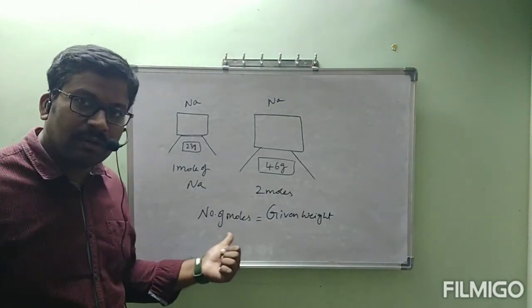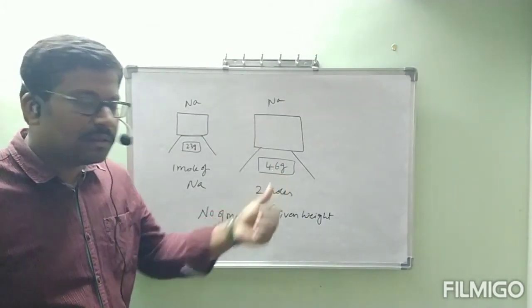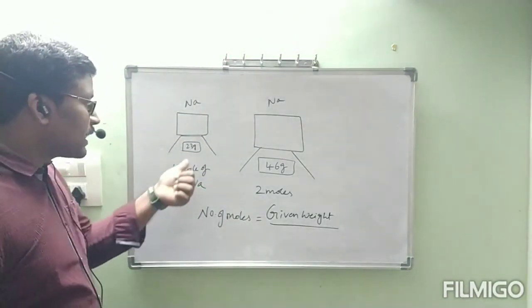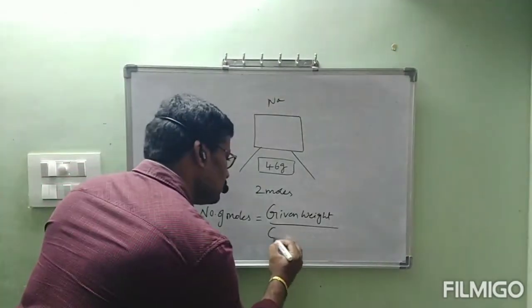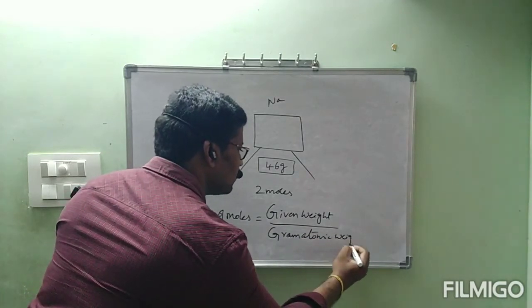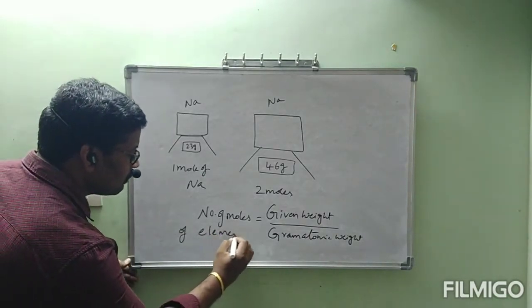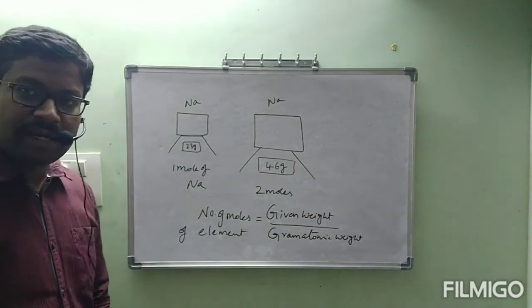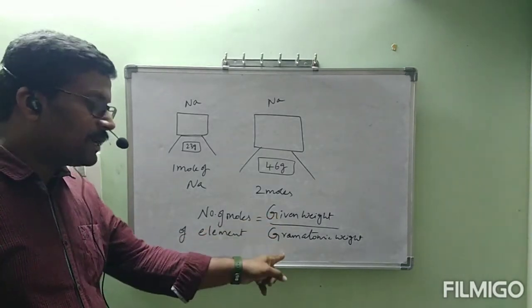Number of moles equals given weight, 46 grams, divided by gram atomic weight. This is for an element, the number of moles of an element. Finally, the formula: number of moles of an element is equal to given weight by gram atomic weight.